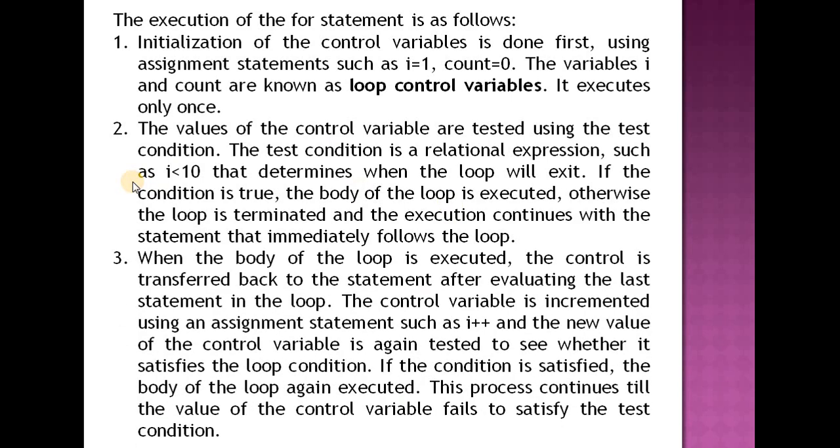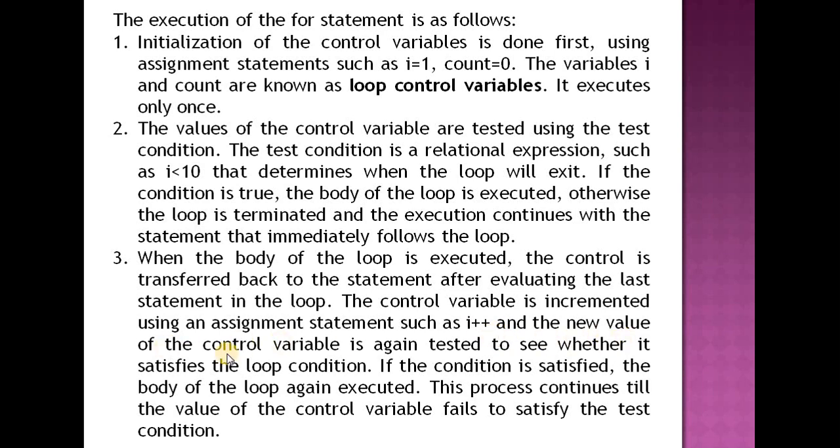And the last part is the increment or decrement. When the body of the loop is executed, the control is transferred back to the for statement after evaluating the last statement in the loop. The control variable is incremented using an assignment statement such as i++. It is not necessary that we always increment the control variable; we can also decrement it using the minus minus operator.